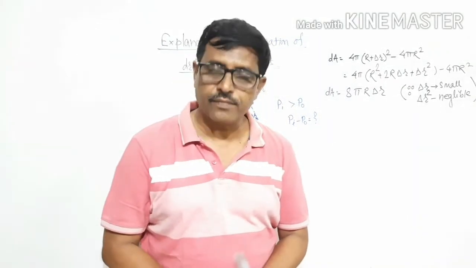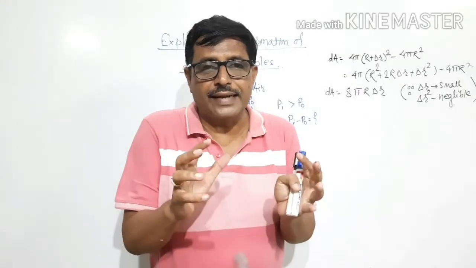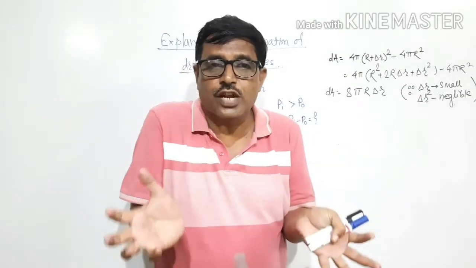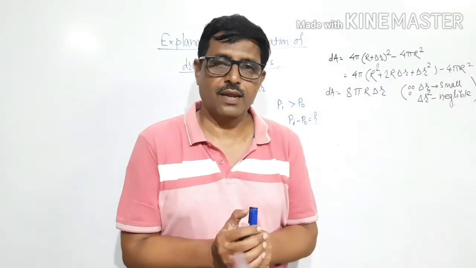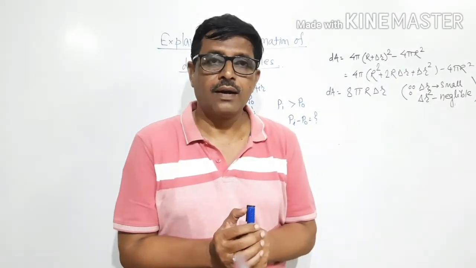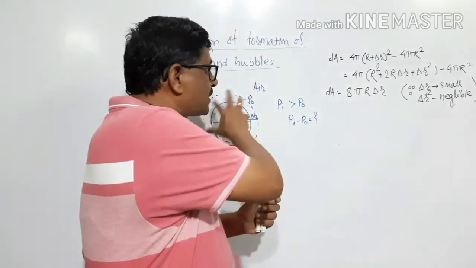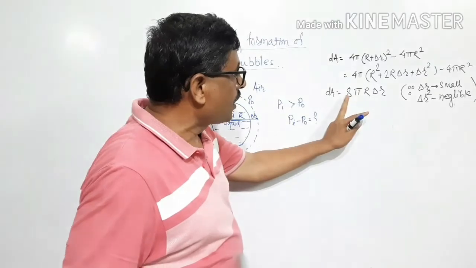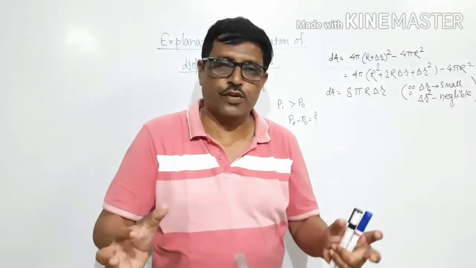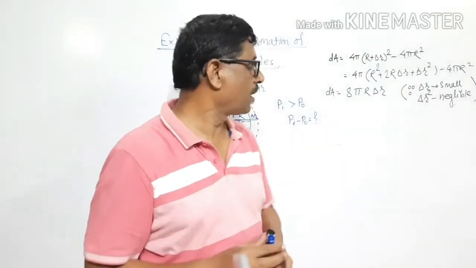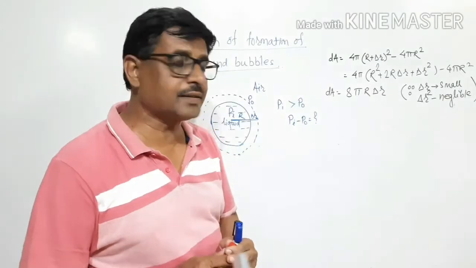Then, surface tension has a tendency to contract its surface area. In order to increase its surface area by this amount, 8 pi R delta R, work has to be performed here.